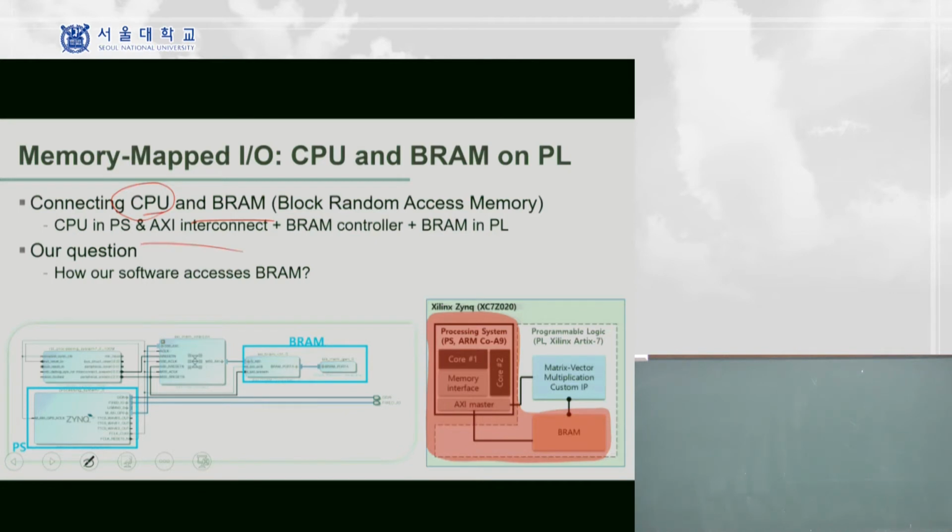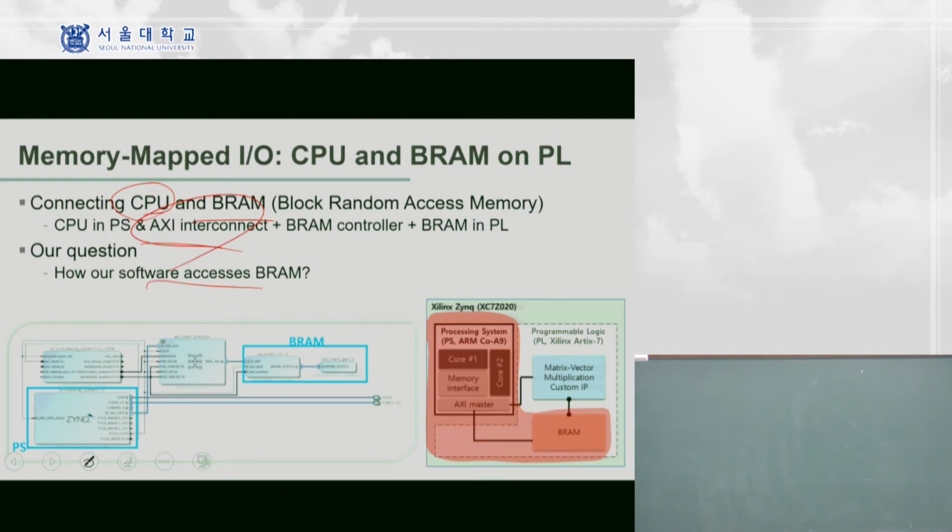AXI, by the way, is the industry standard bus protocol, and it stands for Advanced eXtensible Interface. We're going to go over more details about this next lecture. There is the CPU in the processing system, and the AXI interconnect plus BRAM controller plus BRAM in programmable logic. So there are four modules involved. So how can software access BRAM?